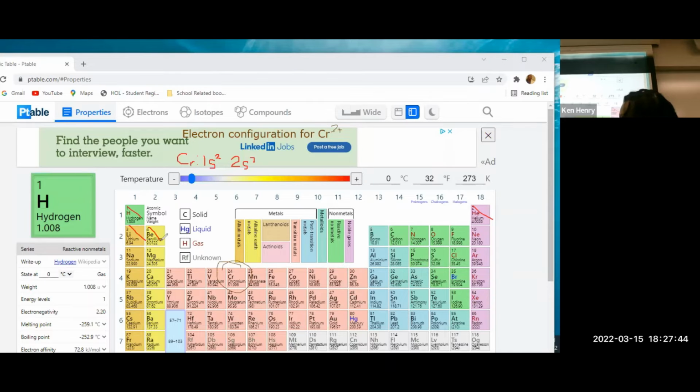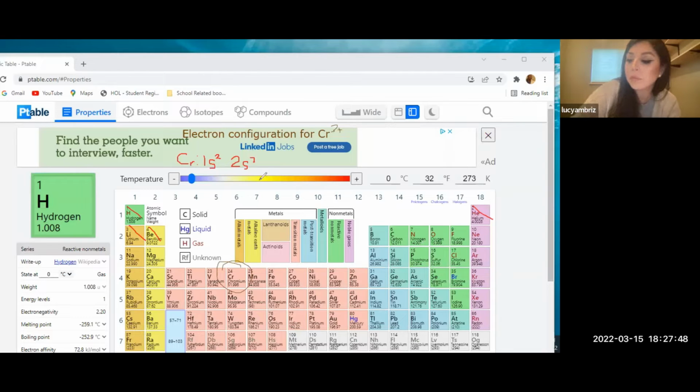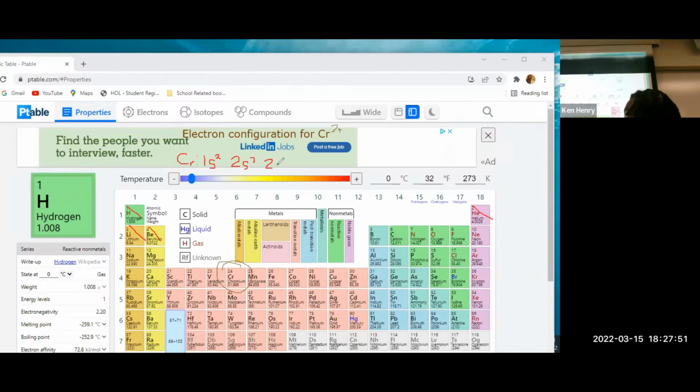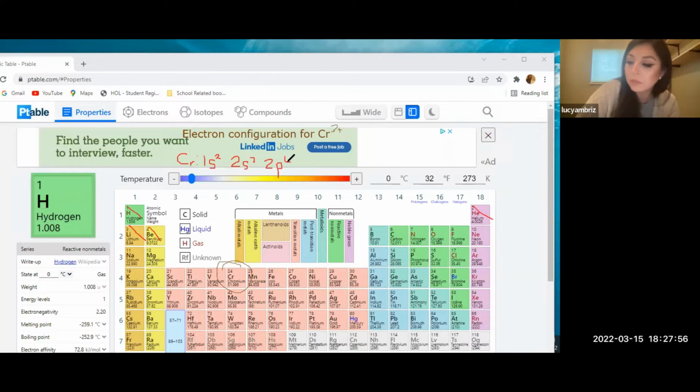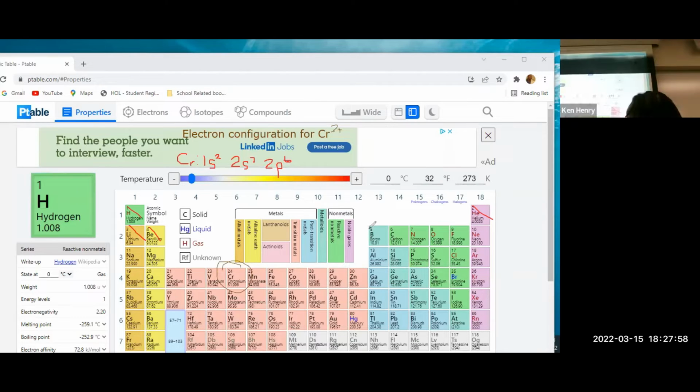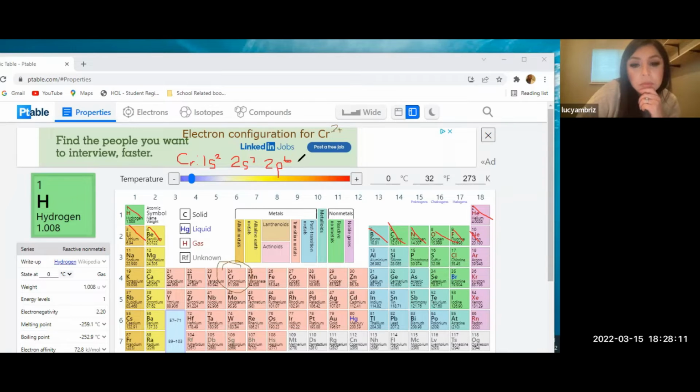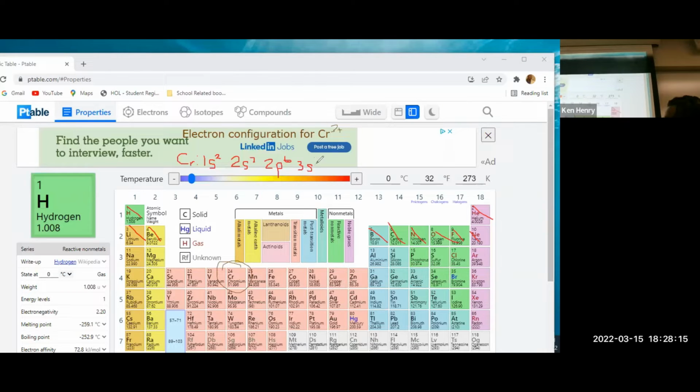So that takes care of this. And this part over here is called the P, so it's 2p, second period, 2p6, and there's 6. Then we have 3s, third period, 3s2. That takes care of here.